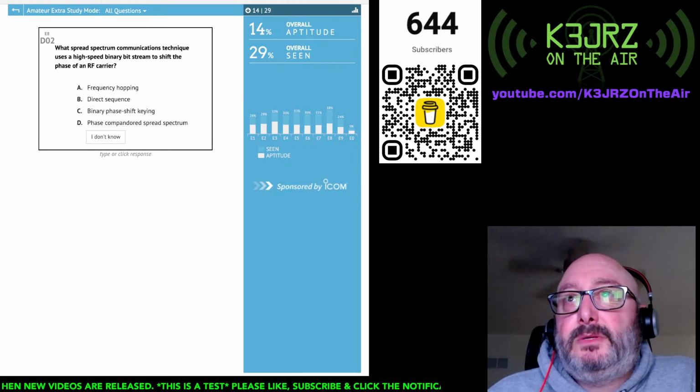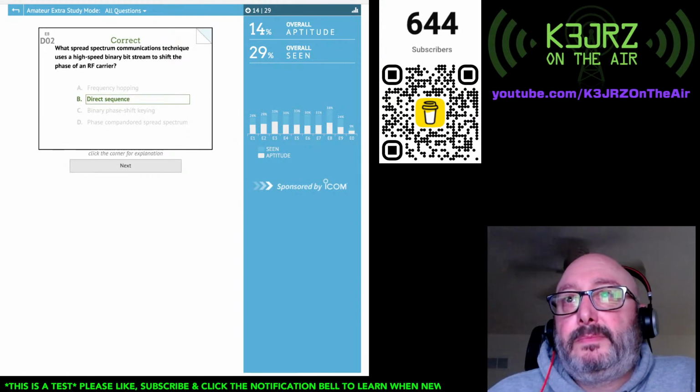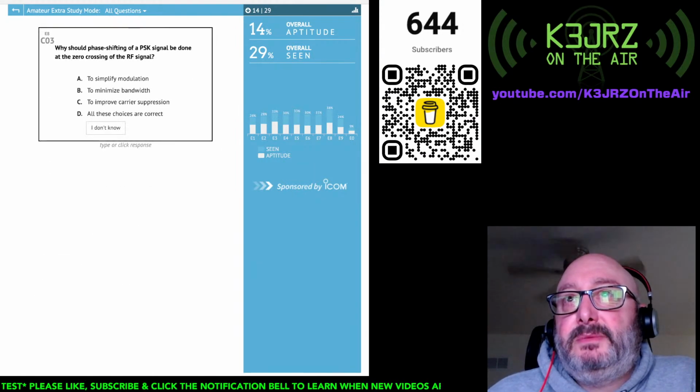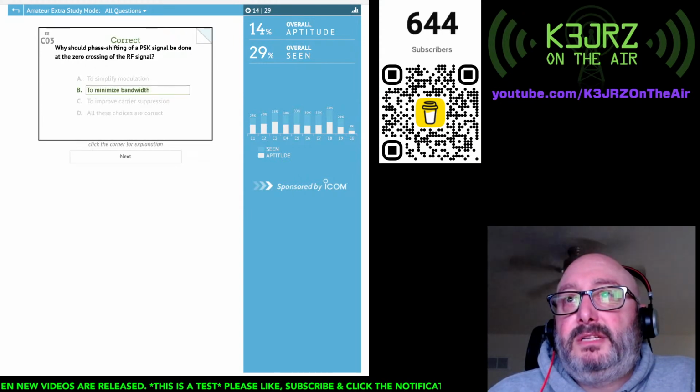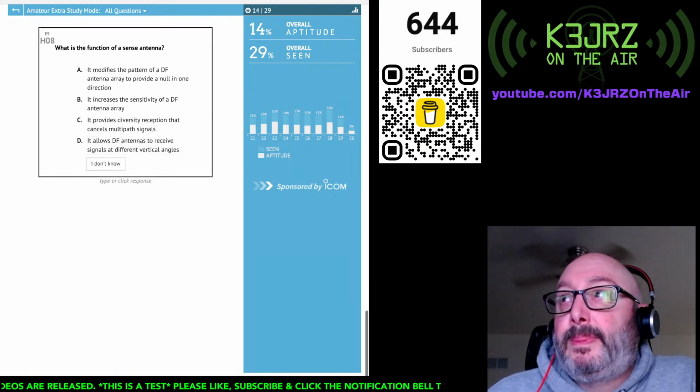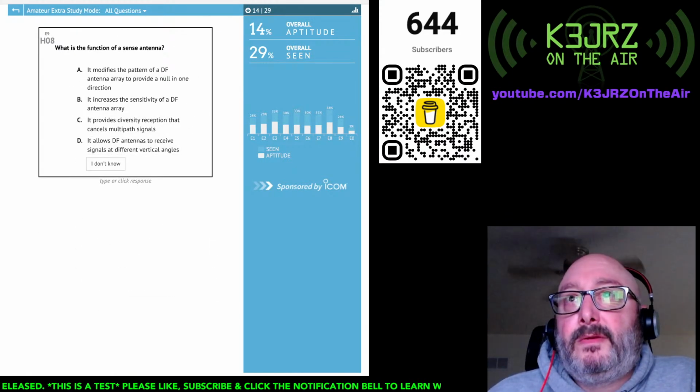What spread spectrum communication uses a high-speed binary bit stream to shift the phase of an RF carrier? Direct sequence. I just gotta keep some of these in my head. Why should phase shifting of a PSK signal be done at the zero crossing of the RF signal? To minimize bandwidth. Which is a function of a sense antenna?